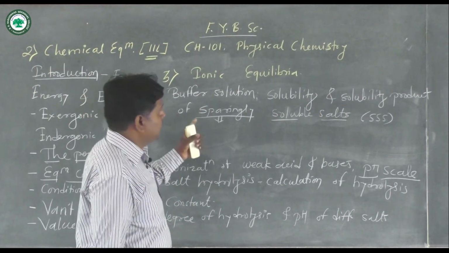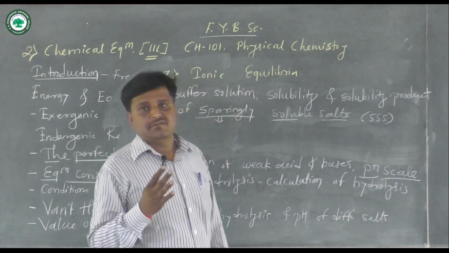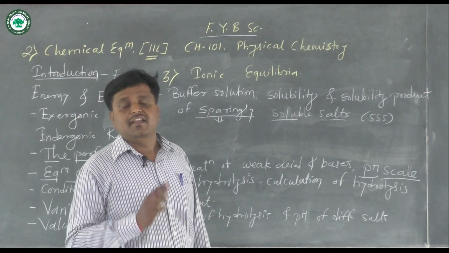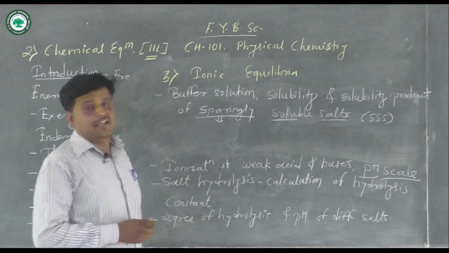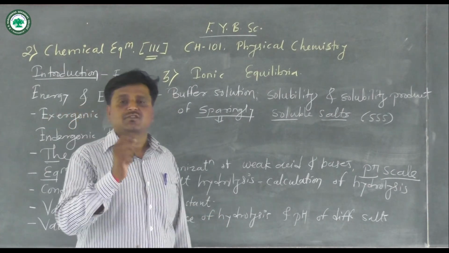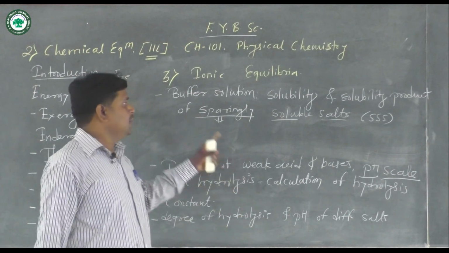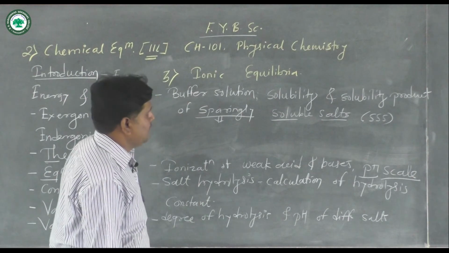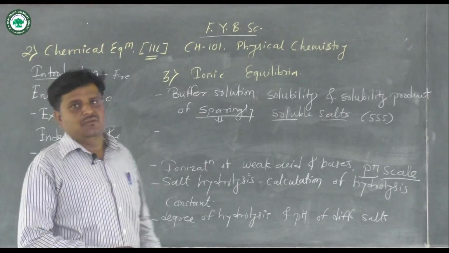At that time we call those salts sparingly soluble salts, and we call those salts practically insoluble. Why? Because their concentration is very low. So we call these the sparingly soluble salts, and we discussed that point in brief in this chapter, ionic equilibria.